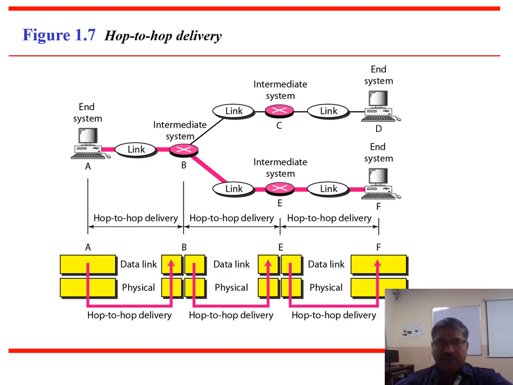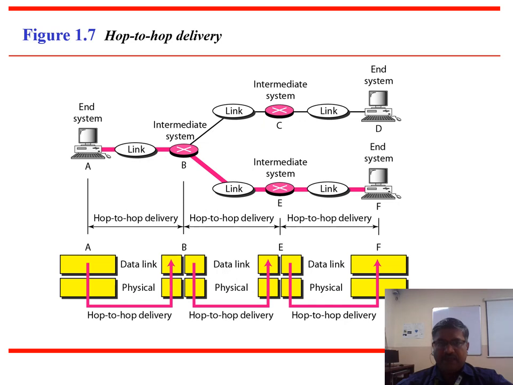End system A is shown in this diagram, which can be sending information to end systems D and F through the links, intermediate links and intermediate systems. That information has to pass through all the intermediate links and intermediate systems to reach end systems D and F. From an end system to an intermediate system, we can say that is one link.